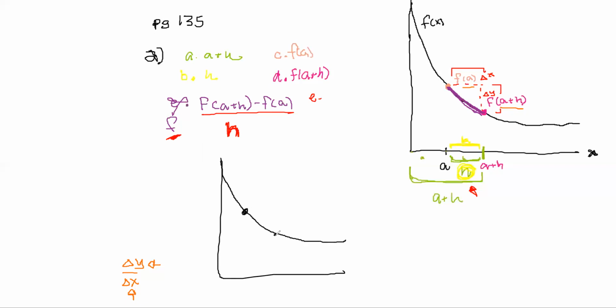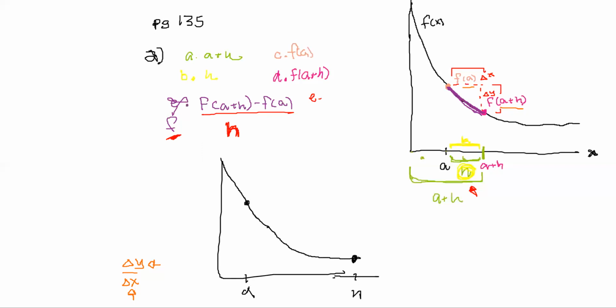this point to this point, actually let's make it a little bit more dramatic. Let's make the graph look something more like this. And so here is our A, and we're going to move H all the way out here.